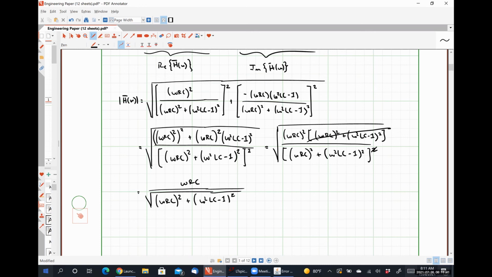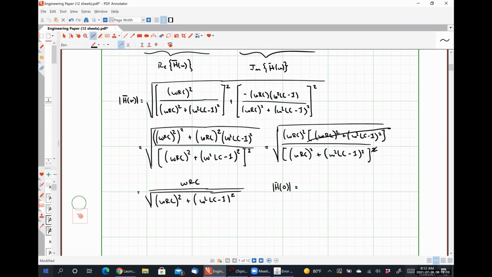So if we evaluate this expression at omega equal to 0, we're going to wind up having 0 in the numerator. When omega is 0, omega times RC is obviously 0. And then we'll have the square root of 0 plus 0 minus 1 squared.